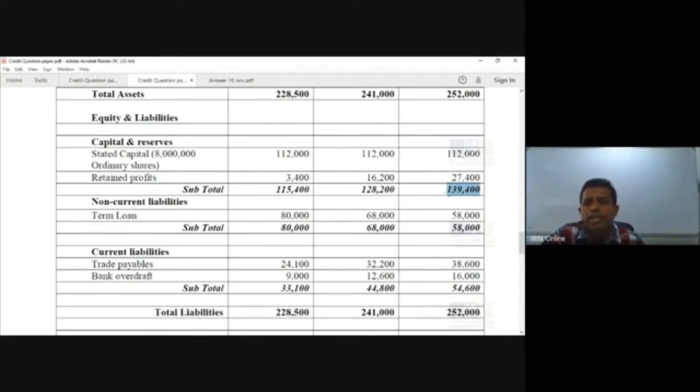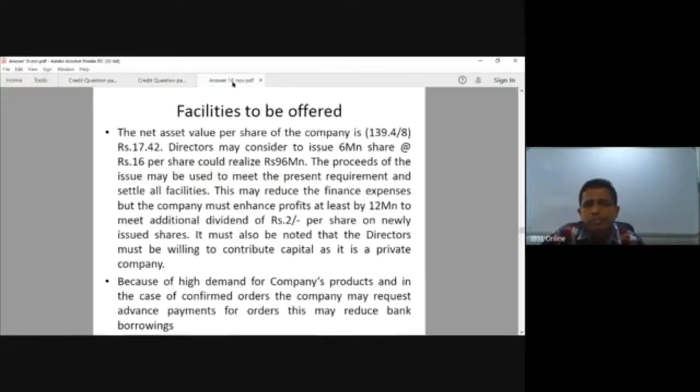We divide it by 8 million shares. Therefore, 139,400 divided by 8 million, then you have an indication of what one share is worth. The book value of a share is 17.42 rupees. Right? By giving a discount, we say 16 rupees per share we can issue.